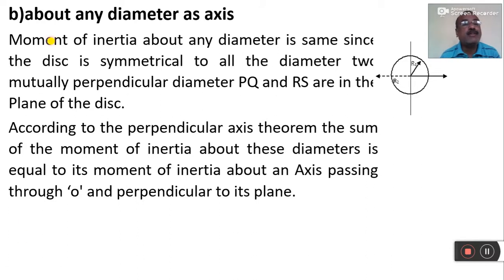Next, to derive the expression for moment of inertia of a lamina about any diameter as axis, let us consider this is one diameter, this is another one. According to the perpendicular axis theorem, the sum of the moments of inertia about these diameters is equal to its moment of inertia about an axis passing through O and perpendicular to its plane.